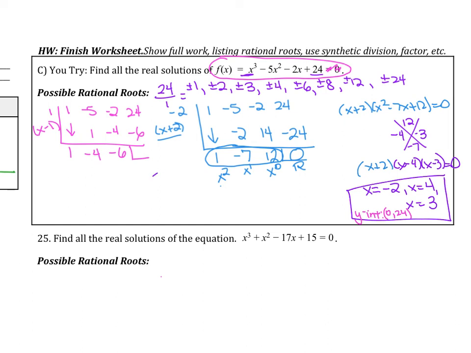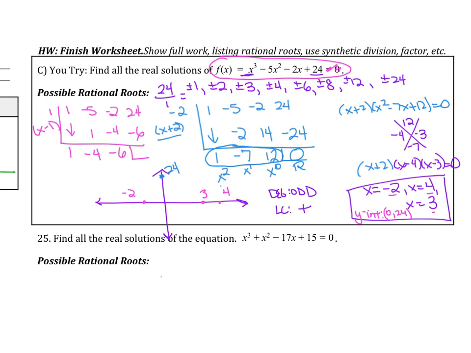Now, if we were to graph it, just to graph one all the way, so we start from the beginning and graph it. Let's put our x-intercepts at negative 2, 3, and 4. Our y-intercept is a positive 24, so again, just a sketch. Now, let's look at the end behavior of the graph. It's x cubed. X cubed means the degree is odd, and the leading coefficient, the sign, is positive.